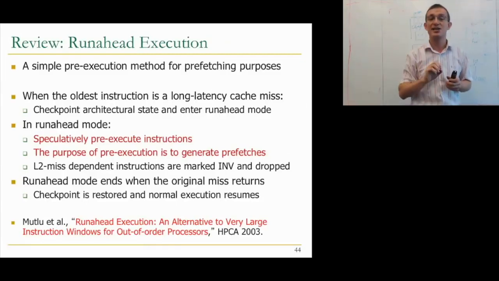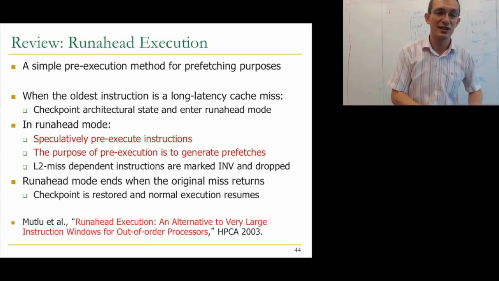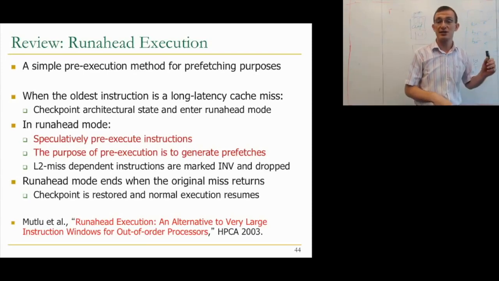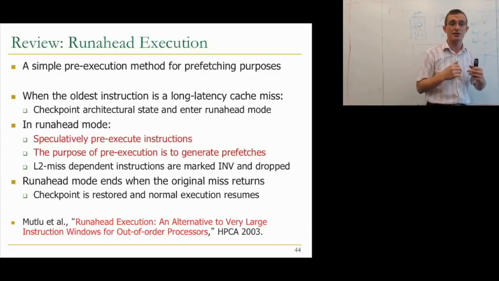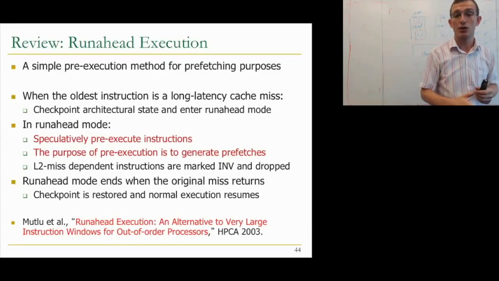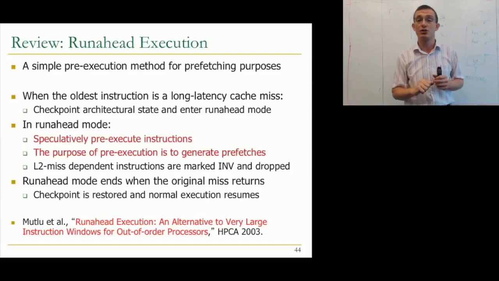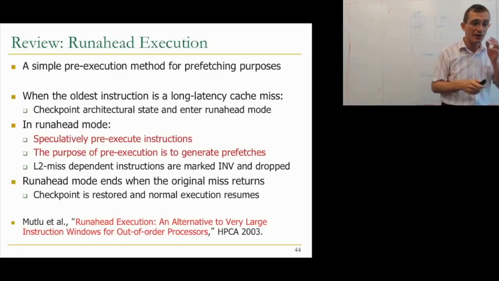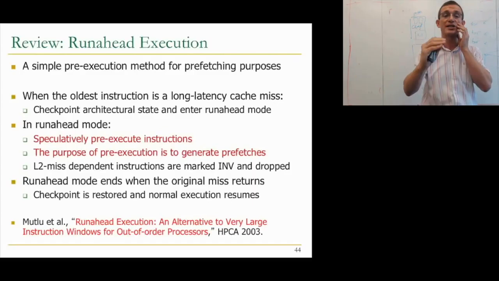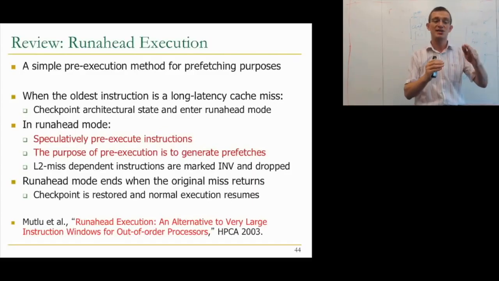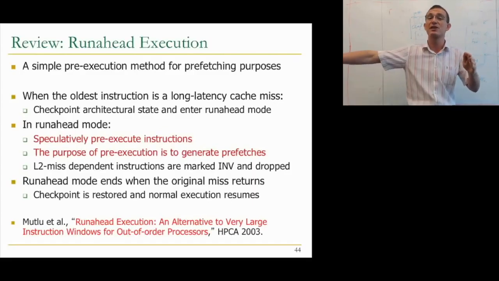Remember, this is a pre-execution method for prefetching purposes, and we've discussed this in an earlier lecture, and there's a Spring 2013 video that talks about run-ahead execution. This was my PhD thesis, and other people have worked on the problem. Dundas and Mudge looked at it in in-order processors in ICS 1997. But basically the key idea is when the oldest instruction is a long latency cache miss, the processor checkpoints the architectural state and enters a speculative processing mode.